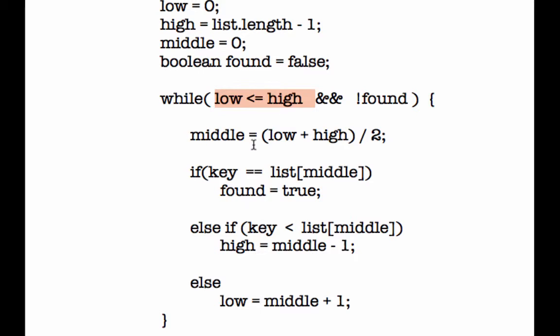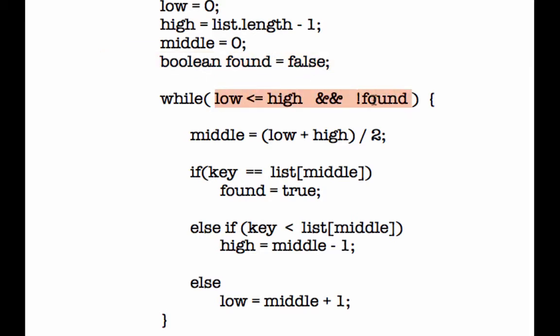Let's take a look at the initial values. Low starts at 0 and high is the rightmost index, the very last one. So at the very beginning, low has the index of the very first element, high has the index of the very last element. Obviously, this condition is going to be true. Low is less than high. And I have set found to be false, not false is true.